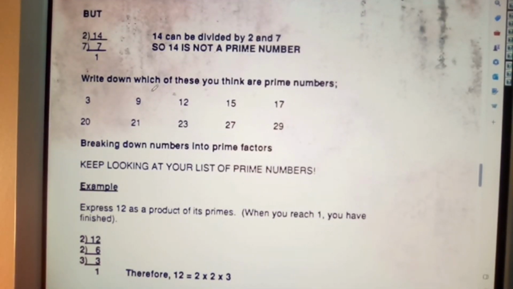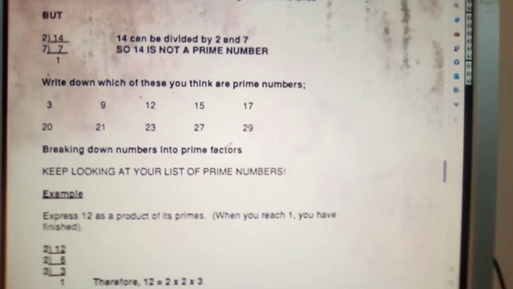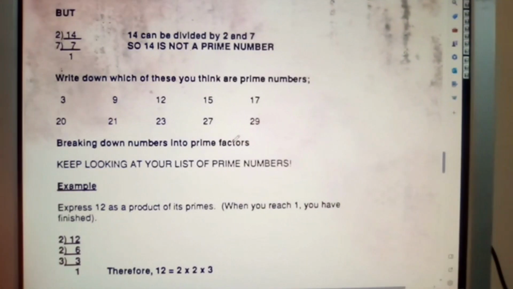And here, write down which of these you think are prime numbers, okay? It must be able to be divided by itself and 1 only, okay?